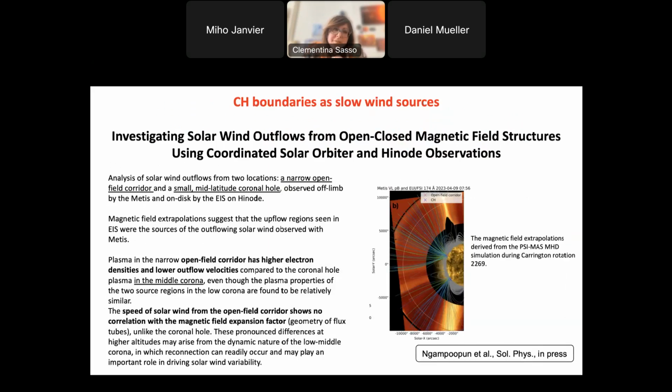Then another result from the coronal hole boundaries study. This is in press in Solar Physics. And here they were analyzing the solar wind outflows from 2 different structures, an open field corridor and a mid-latitude coronal hole, and they were observing them with Metis, but also with EIS on Hinode.